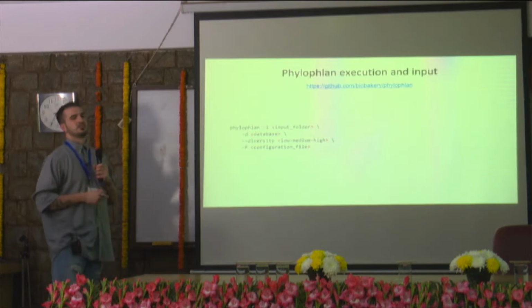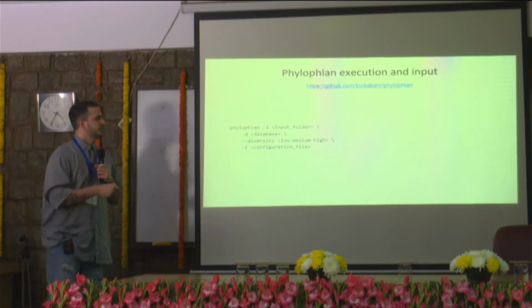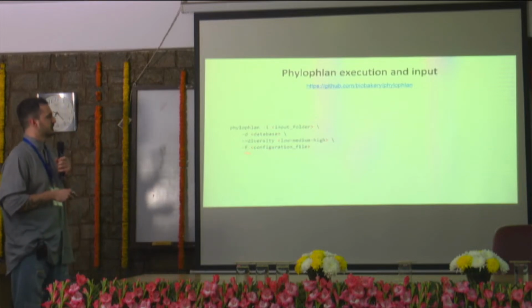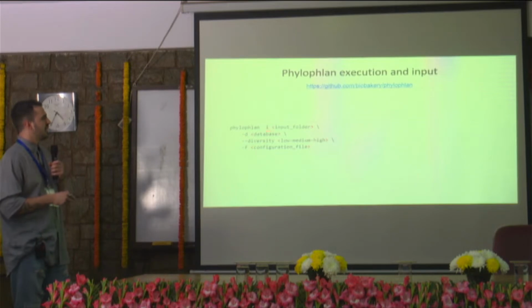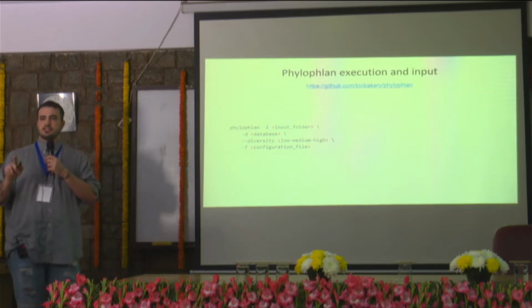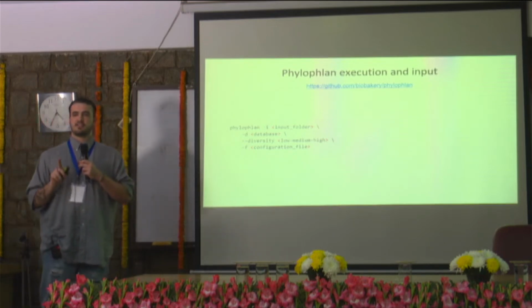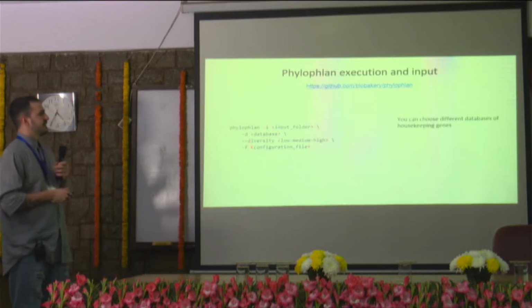Okay, so we want to run Phyloflan3 on our genomes. This is the command that we are running in Linux. We have Phyloflan3, the name of the program. We have -e input folder. The input folder is a folder with all the genomes that we want to have in the phylogenetic tree. Then we have database. What does this mean?